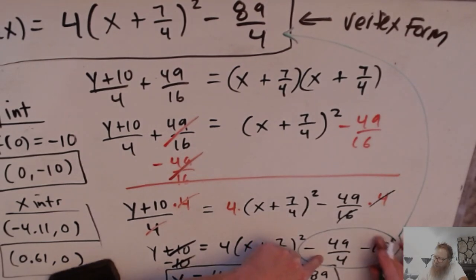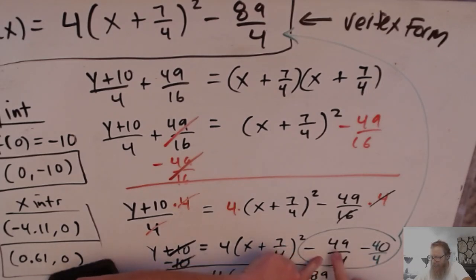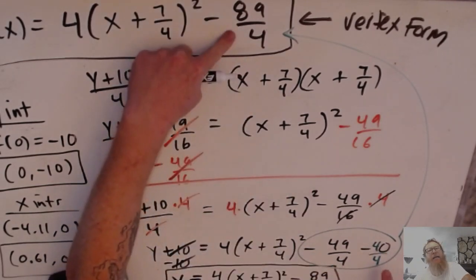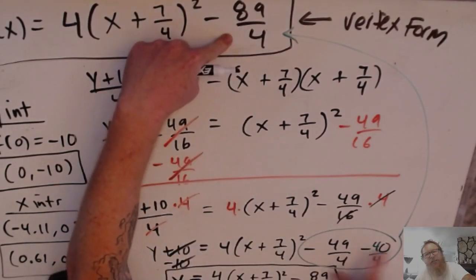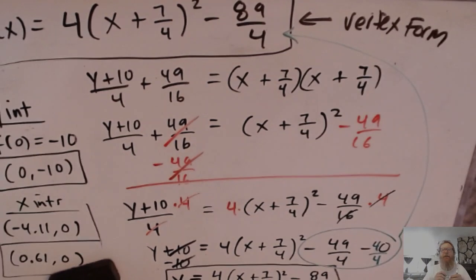I just multiplied my 10 times 4. So when you multiply 10 times 4, it becomes 40. So now you have 49 and 40. Well, now you know where the 89 comes from. The 89 is just 49 plus 40. You probably already knew that, but I can't hear you, so I have to assume the worst.